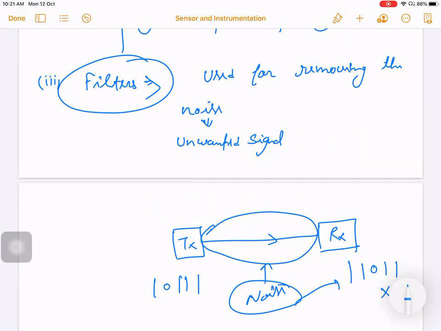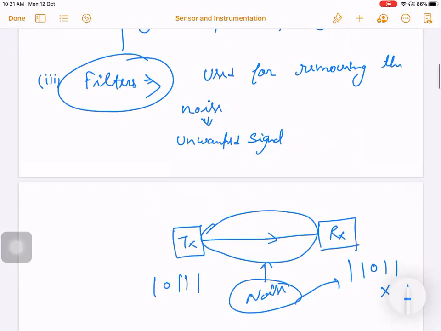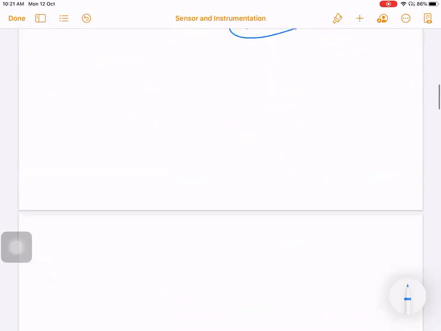Clear? So we use the amplification, we use the filters.